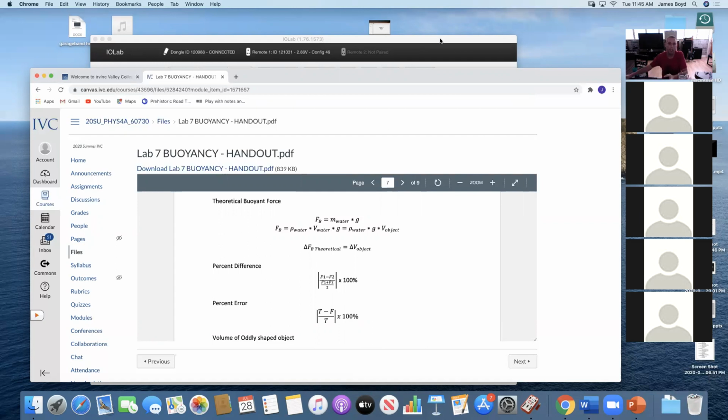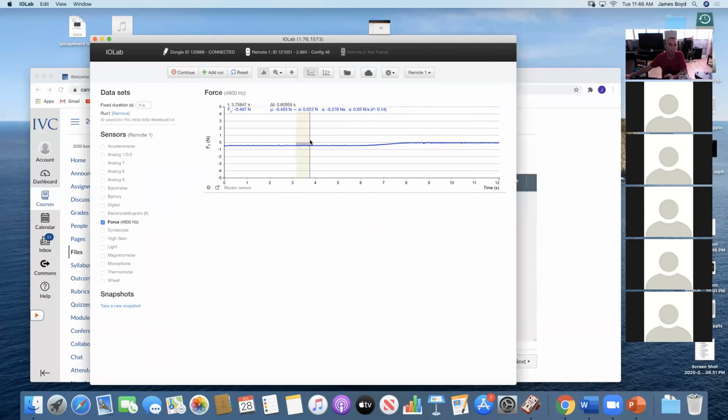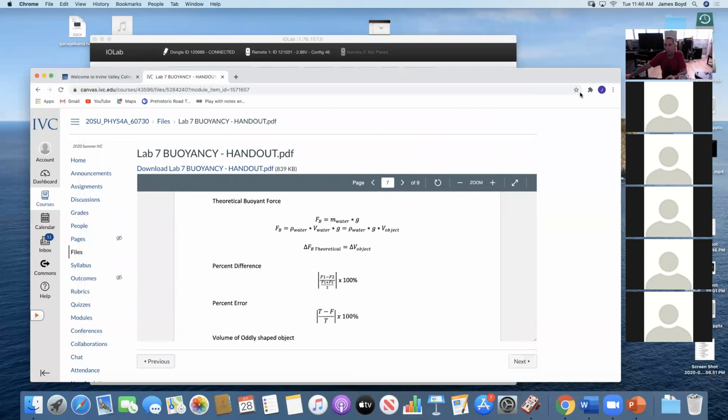Now, when we went back here, I had 0.453 and I have 0.06. So 0.453 minus 0.06 is 0.393. So my buoyant force that I get from measurement is 0.328. My buoyant force that I get from subtracting these two is 0.39. They're close, they're not great.